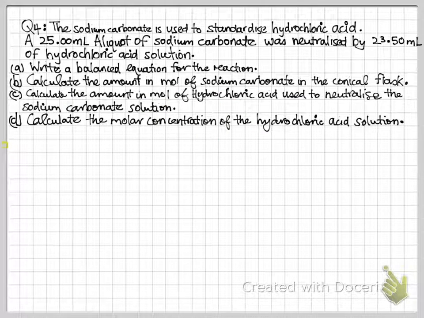Okay, now let's have a look at this question. We've done this in the practical SEC as well. You need to standardize hydrochloric acid using the known concentration of the sodium carbonate, which we calculated in the previous question. So let's just follow through on the solution.